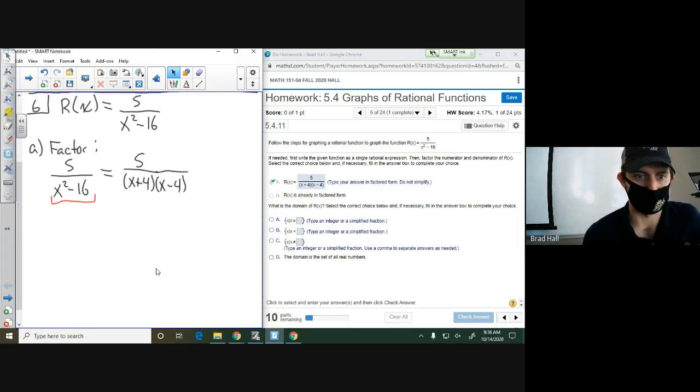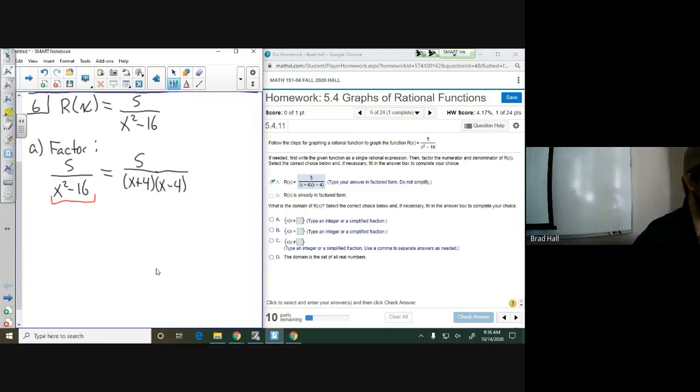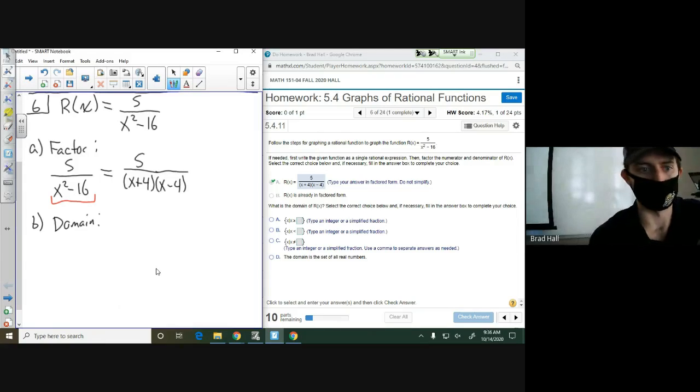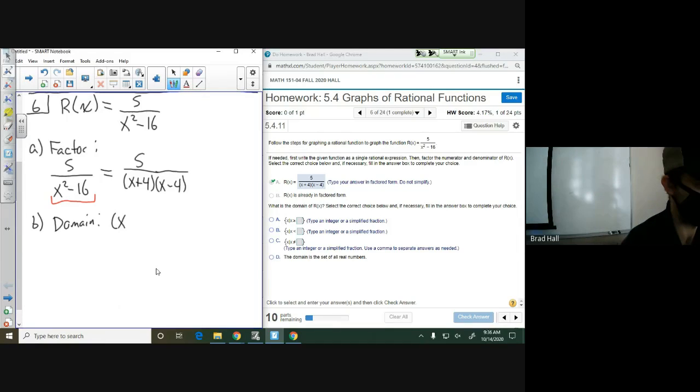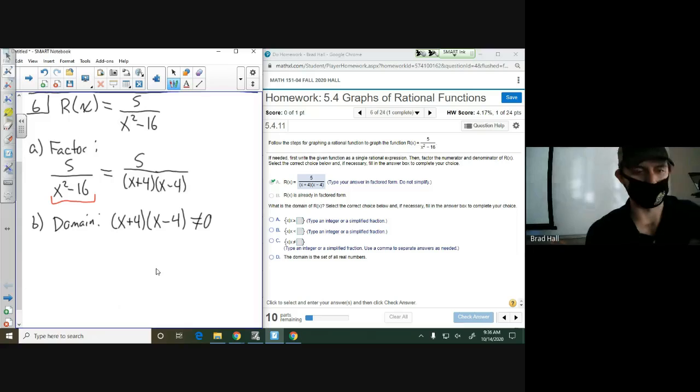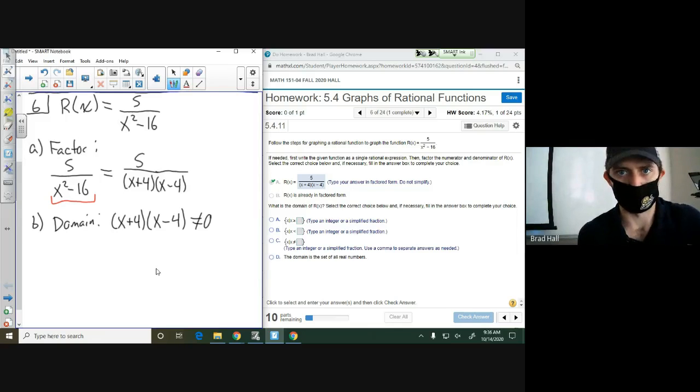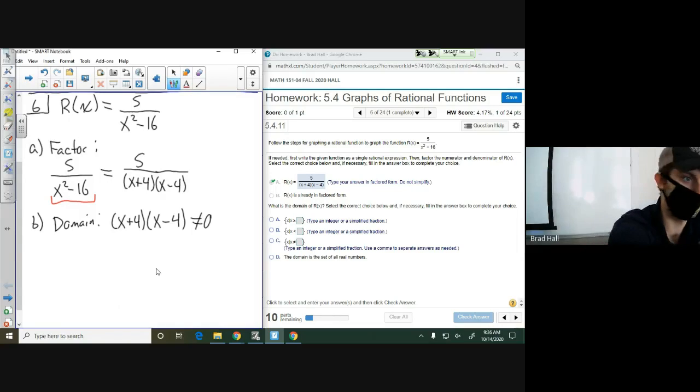We can move on by determining the domain of the function. To determine the domain of a rational function, it means setting the denominator not equal to 0. We set the denominator, not the numerator. The numerator is just left out completely. We set the denominator not equal to 0 and we solve for x.